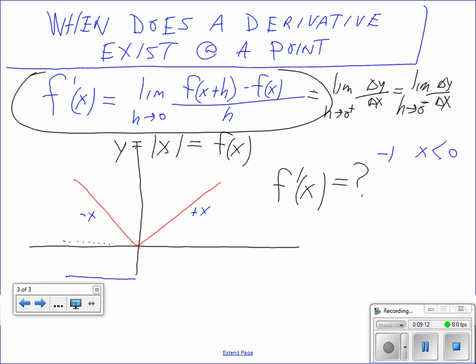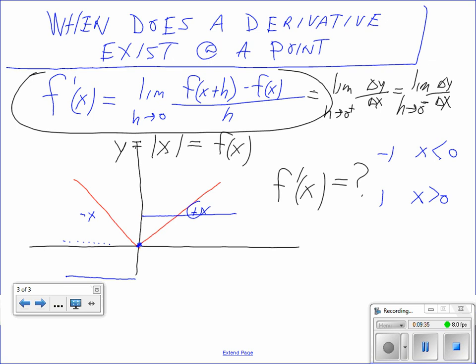What happens as x is greater than 0? Well, here, that slope is just positive 1. Positive 1 when x is greater than 0. Well, what happens at 0? What about here? Does the derivative exist at that point?